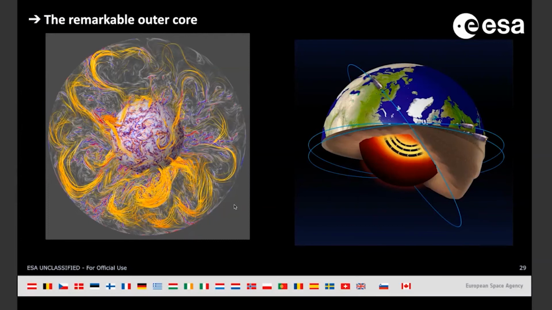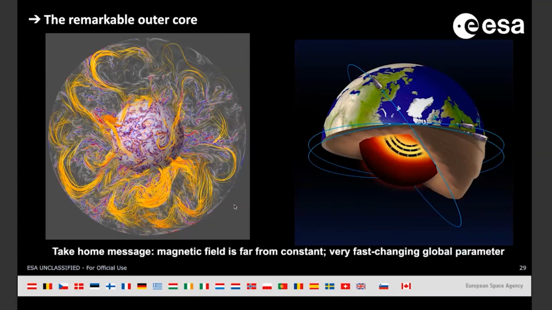And in red and in blue, we see the depicted motion of the fluid following simulations. So you see that there is nothing that is really always the same, or there's not the same pattern everywhere. And this is exactly what gives rise to the red and the blue areas with different magnetic field strength that you've seen before. And because the liquid is moving with a few tens of kilometers per year, these features are also moving.